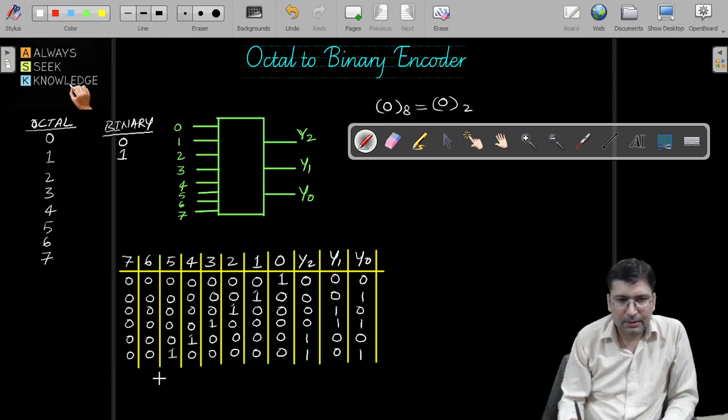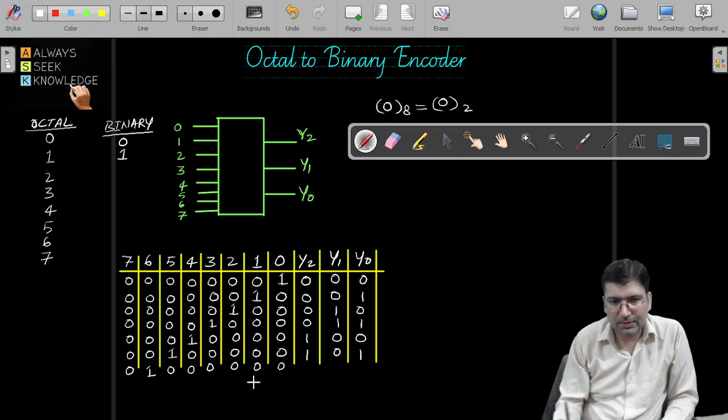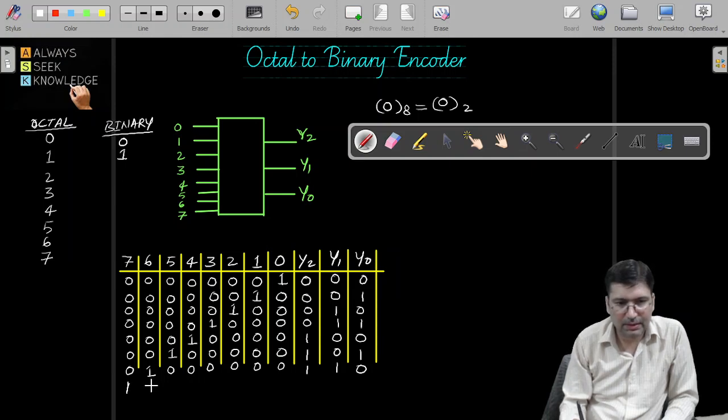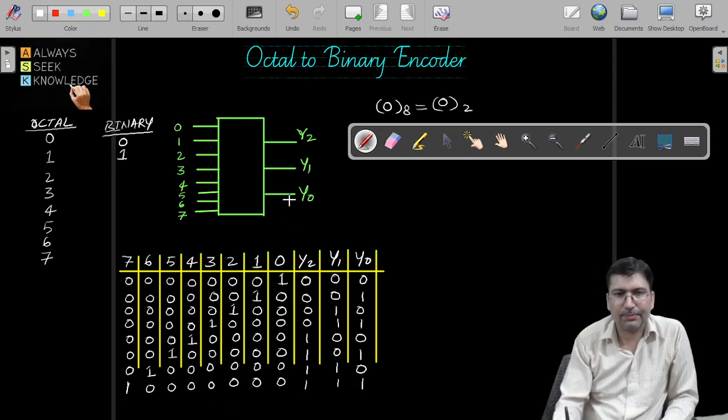Now if I assume this input is high and the remaining inputs are 0, in that case, when we represent 6 in binary, it will give us 1 1 0. Similarly, when we get 7 as high and the remaining inputs low, then we will get all three outputs high, right?